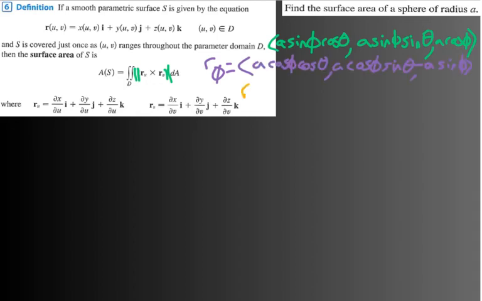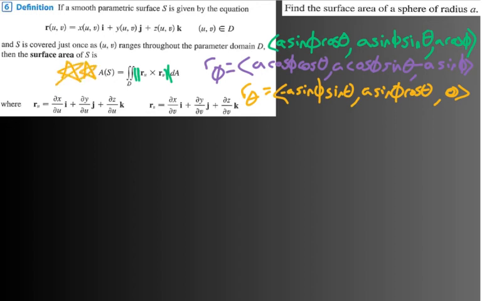And then we need R with respect to theta, which would equal that guy. And now we have this really nice, straightforward way to find surface area. If we have those two vectors, we can just cross them and take the magnitude of that cross product, and then just do the double integral of that, and it will truly just give us the surface area.